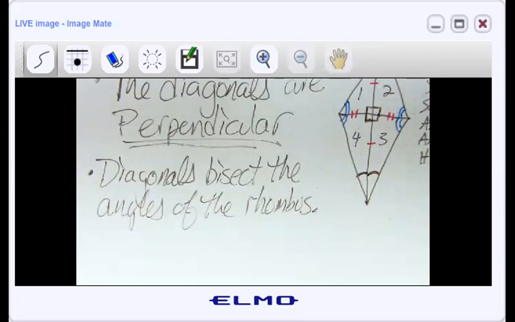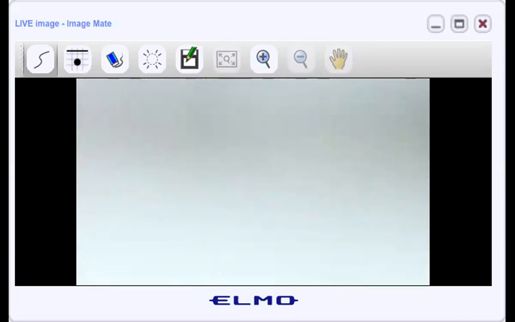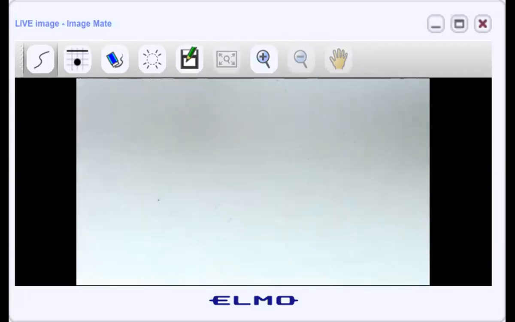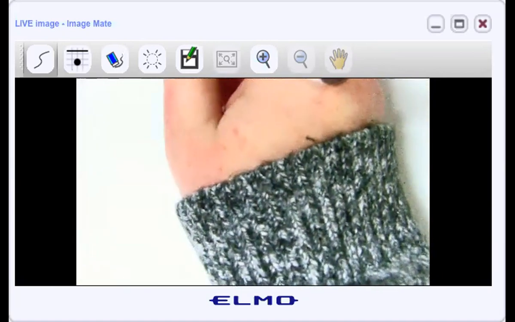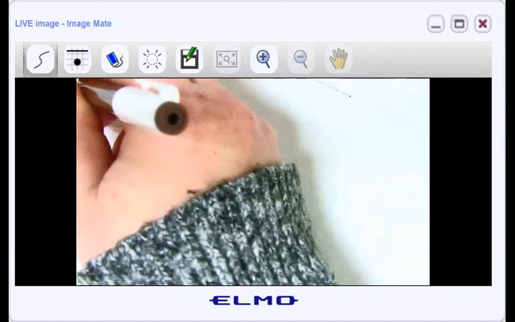Okay, where am I going to stick this in? I'm just going to turn to the next page. So hopefully you have this. I cleaned the whole notebook on Friday, so I got lots of pages. Okay, let's do a rhombus that looks like this.